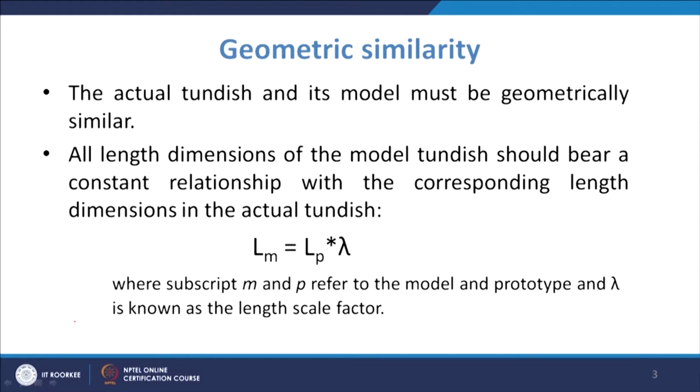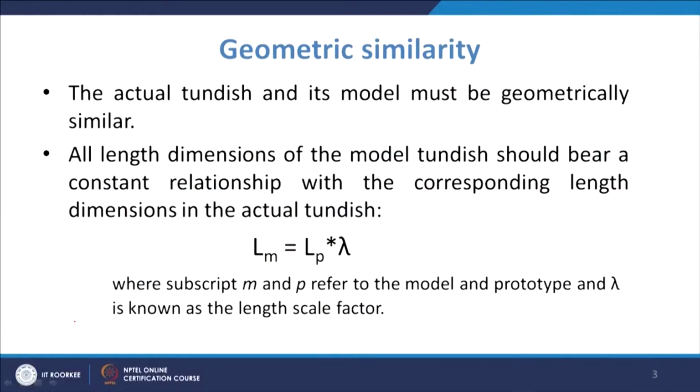For example, if you have a tundish of 3 meter length, and you are making the model tundish of 1 meter length, the ratio of prototype to model will be 3, or the ratio of model to prototype will be less than 1, that is 1 by 3. So it is a 1:3 model, and 1 by 3 is the length scale factor.